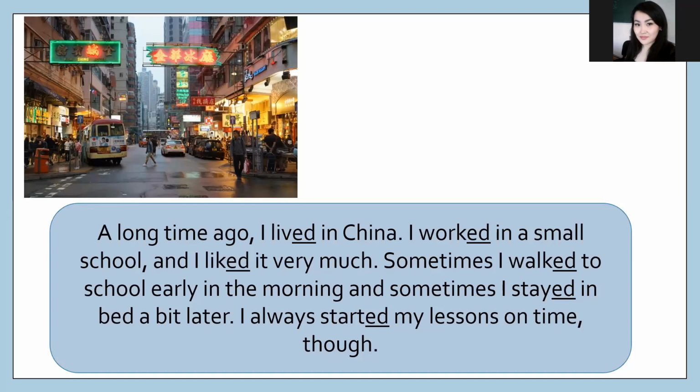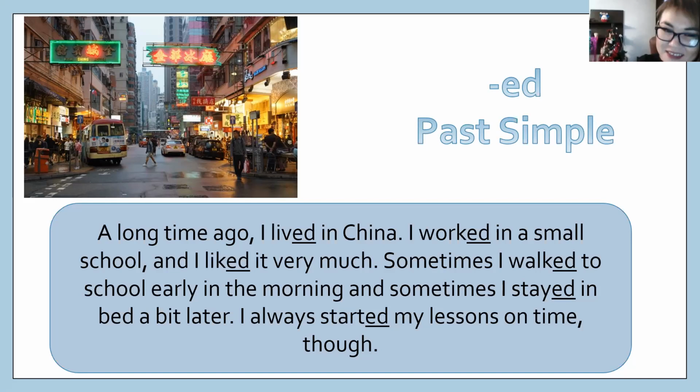I always started my lessons on time though. Okay. So, Dina, what do you see in this example? Do you notice anything? I noticed the ending. The ending. It's underlined, but I think even without the underline we would notice that there is a specific ending in the verbs. Yeah.